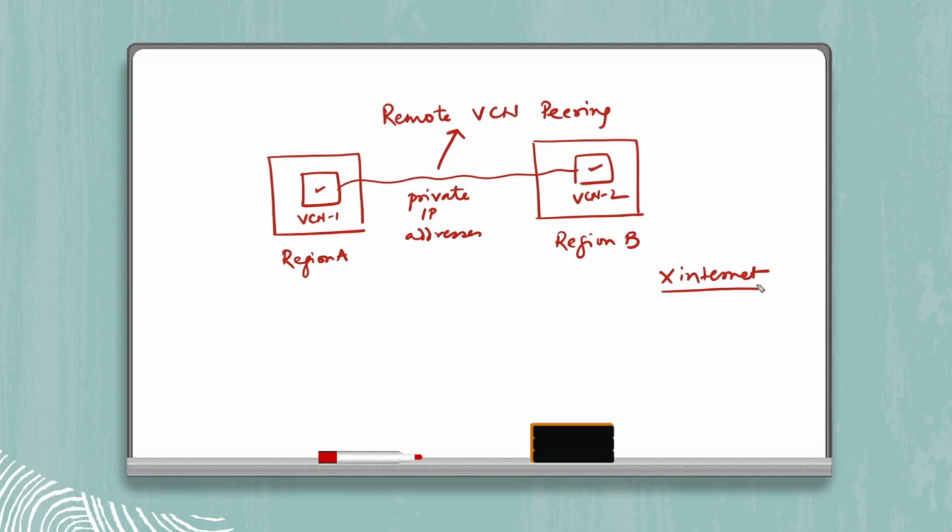Now, one thing that you also need to understand is these VCNs can be in the same tenancy or they can be part of different tenancy as well. And same is the case with local peering. Even in the case of local peering, you can have peering between VCNs in the same tenancy or different tenancy.